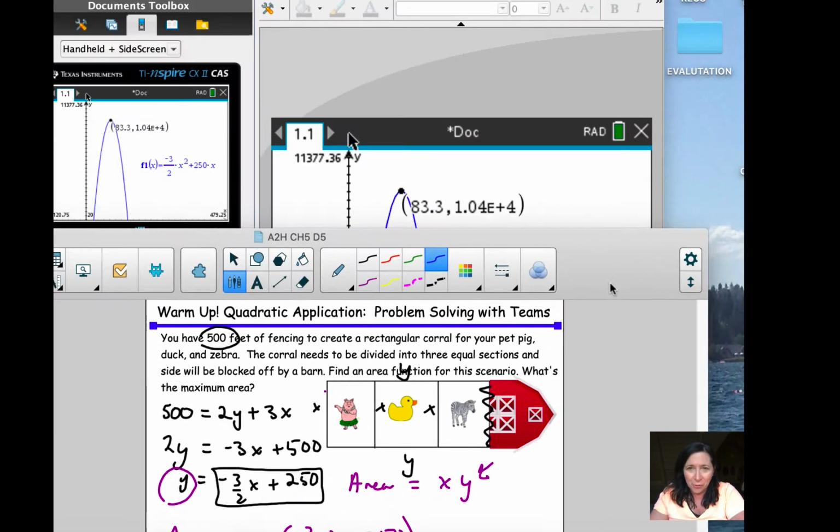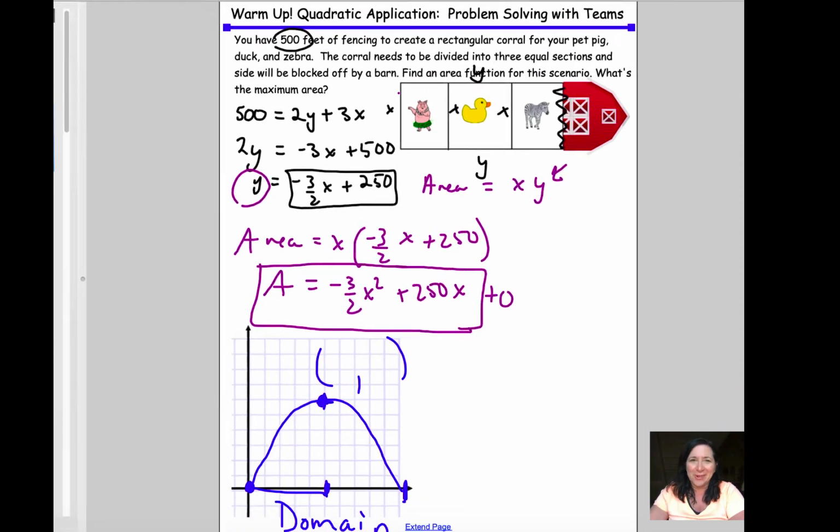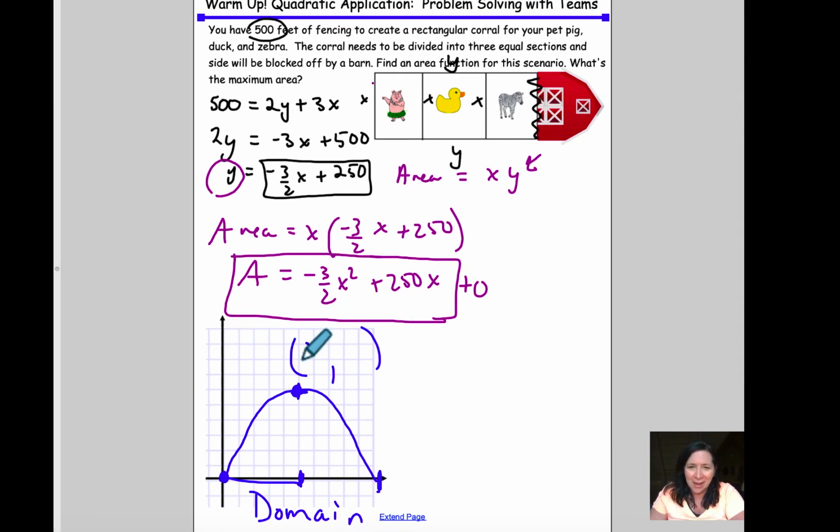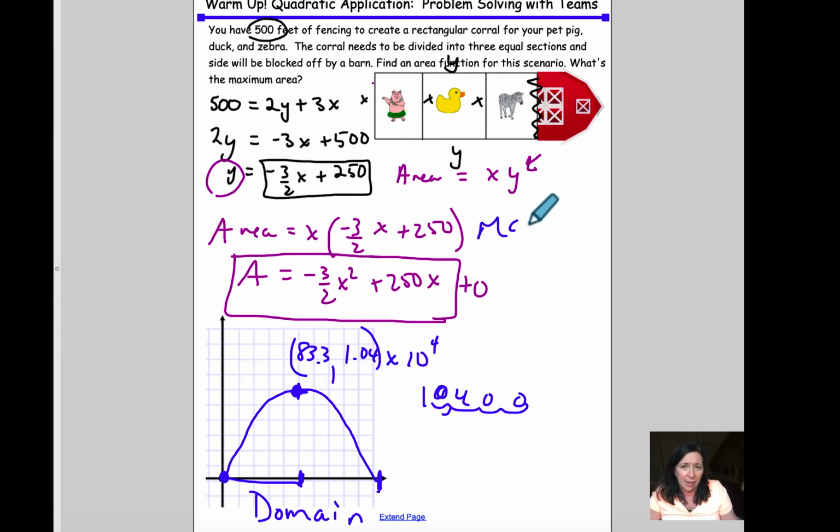Okay, short-term memory here, 83.3, and then 1.04 times 10 to the fourth power, which means take that decimal and go 1, 2, 3, 4. So it looks like it's 10,400. So my max area is 10,400.